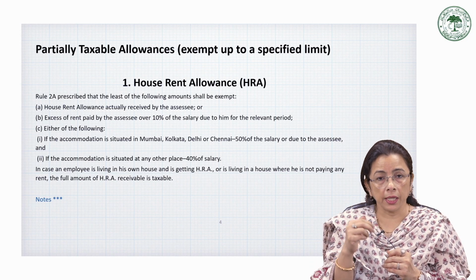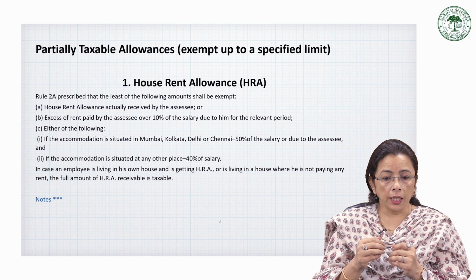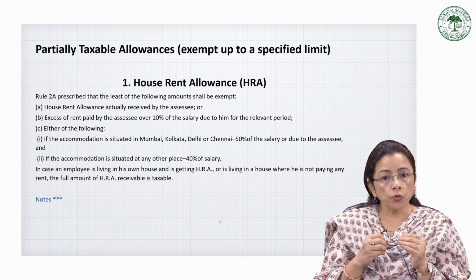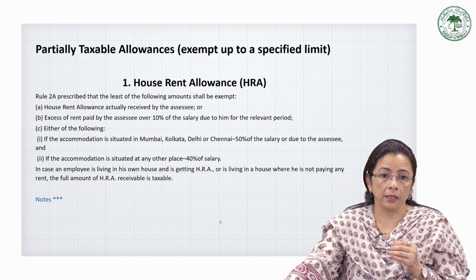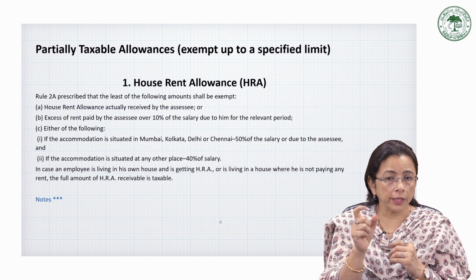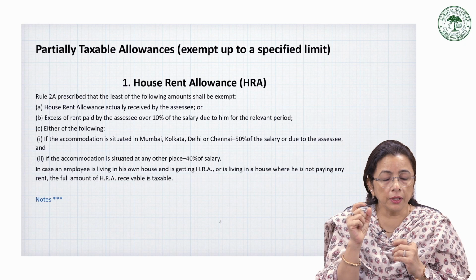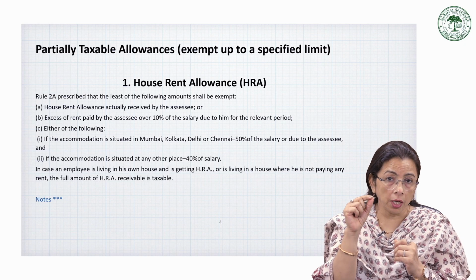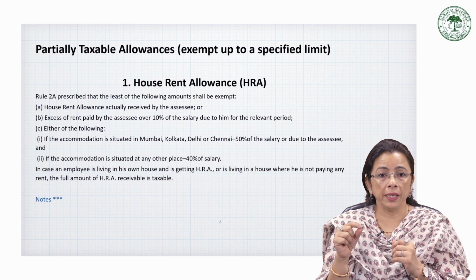There are three figures that have to be taken into consideration as prescribed under Rule 2A of the Income Tax Rules. We have to consider these three amounts, and the least of the three will be exempted.